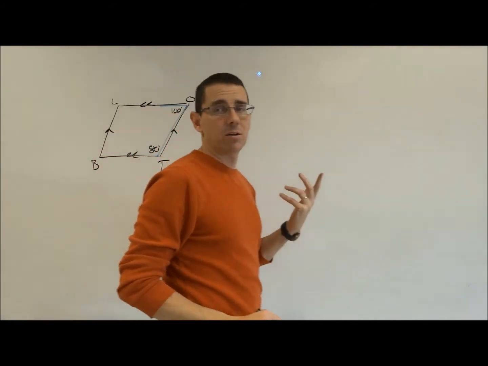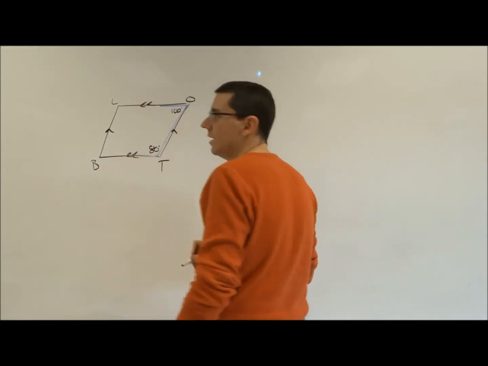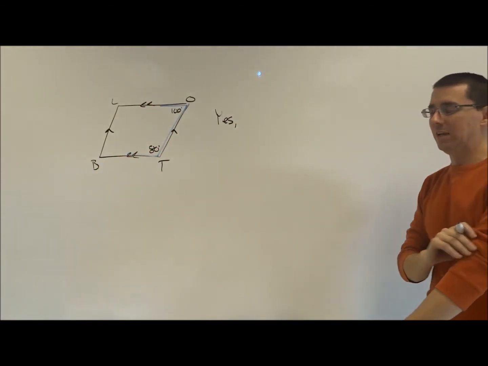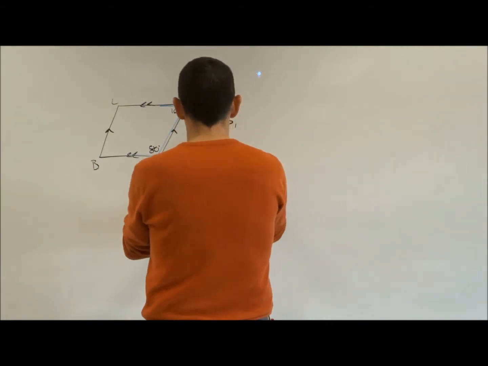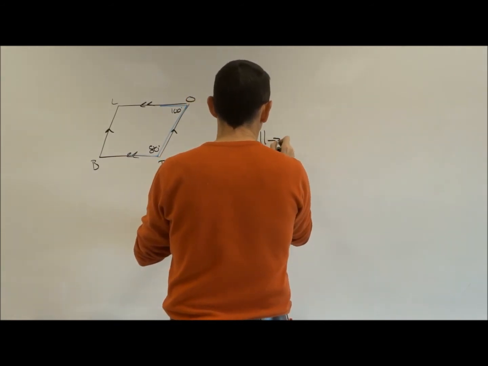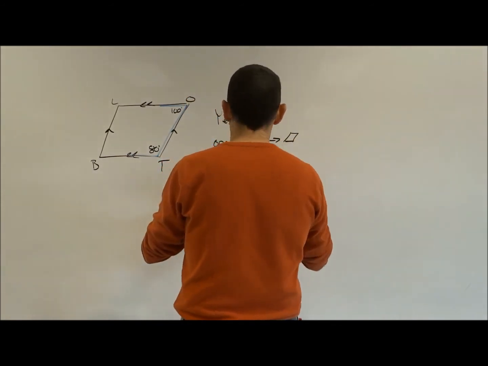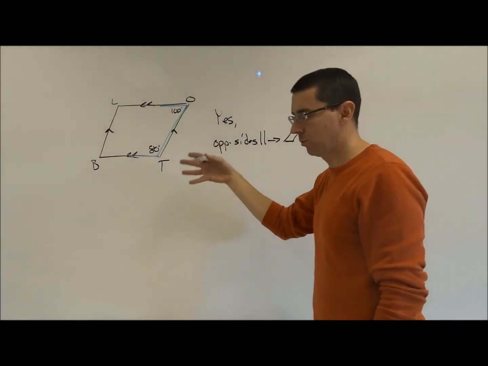Now, is this a parallelogram? The answer would be yes. Don't stop there, because it's going to say, if so, give me the reason why. And the reason in this case would be opposite sides parallel implies parallelogram. Pretty straightforward, and there were a bunch of problems like that.